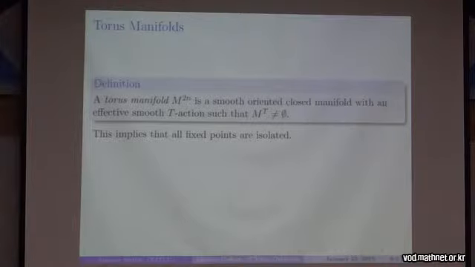From this definition, we can immediately imply that all our fixed points are isolated. There are combinatorial objects, a bit like fans, associated to torus manifolds called multifans, coming from the work of Hattori and Masuda, although they don't really enter into the results that we'll discuss in this talk here.